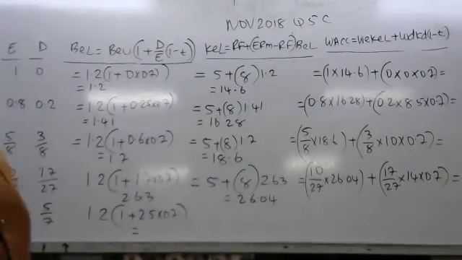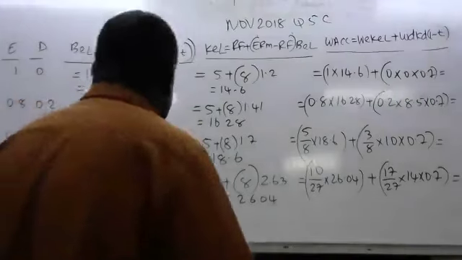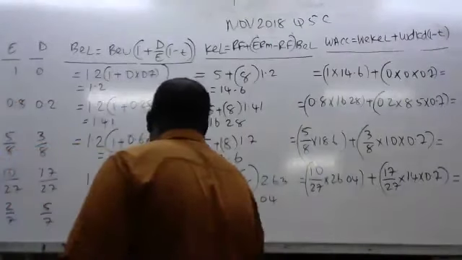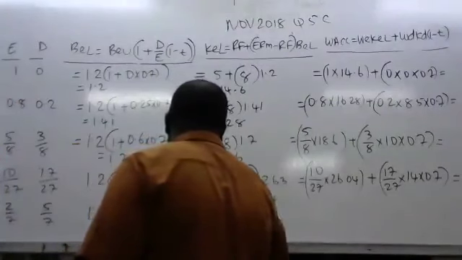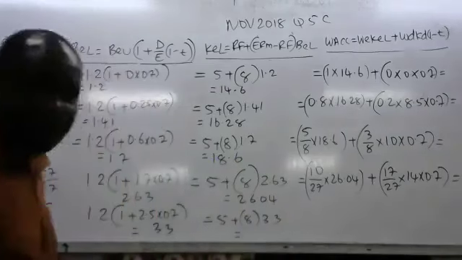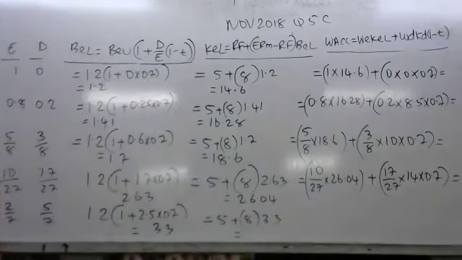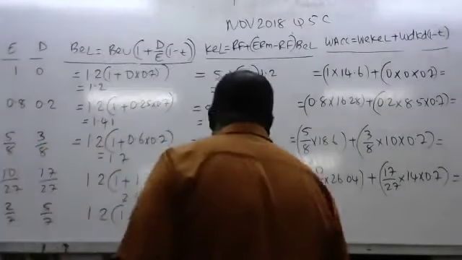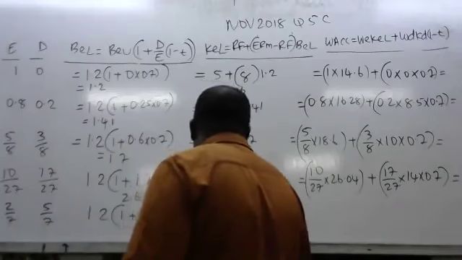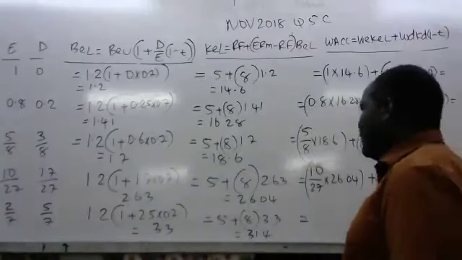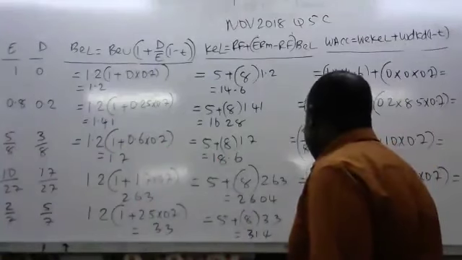The 3.3. That's 1 point. So this one will be 2/7.